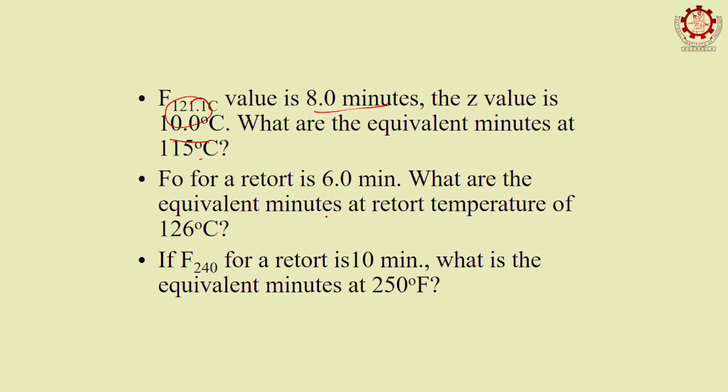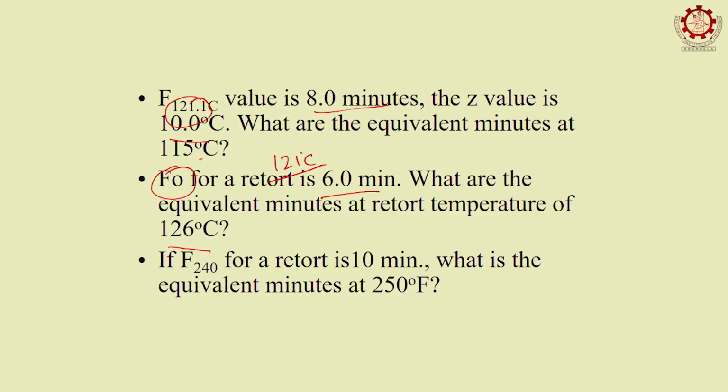What is the equivalent time at a temperature of 126? Normally, when canning, they assume F0 is at 121 Celsius, which is 6 minutes. When you increase the temperature to 126, the processing time is going to be shorter, because you are treating with a higher temperature. Then you can do the math.